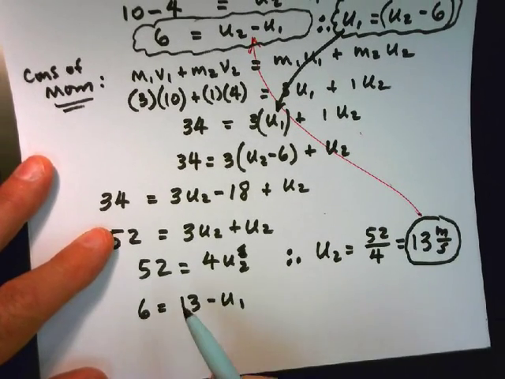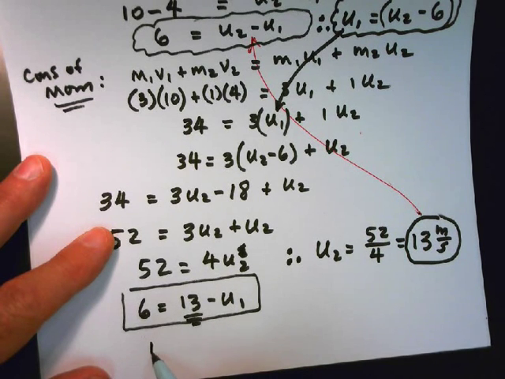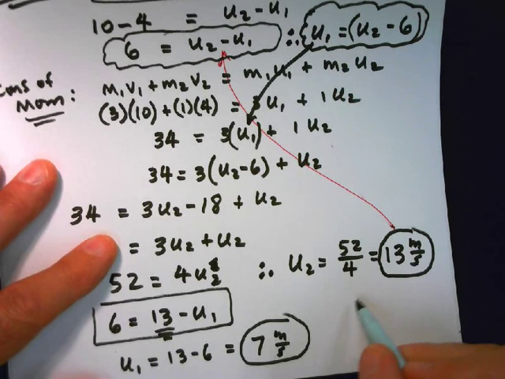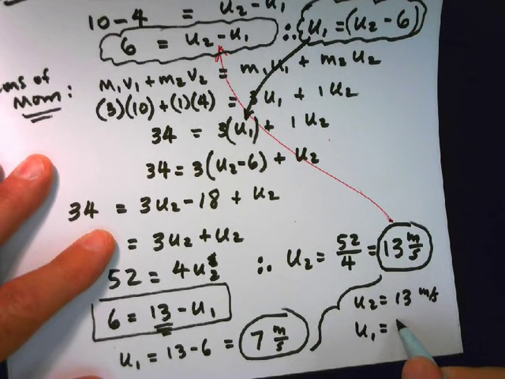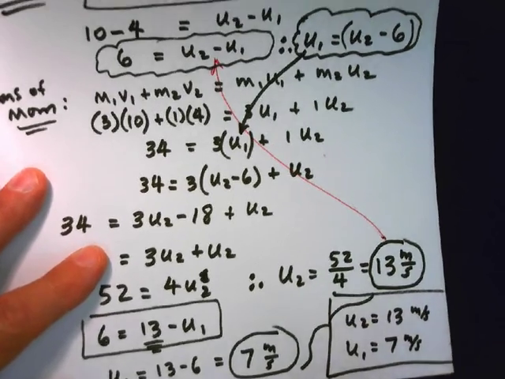So u1 equals 13 minus 6, or in other words, 7 meters per second. So we have u2 equals 13 meters per second, and u1 equals 7 meters per second. That would be the final answer.